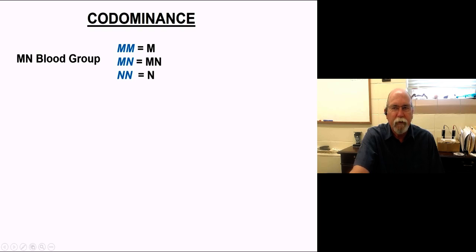So if I see someone who's blood type M, I know they're homozygous M. If I see someone who's got blood type N, I know that they're homozygous N. And of course, the hets are MN. So again, these are nice, perfect codominant expressions. Both antigen antibody reactions for M and N occur in a codominant setting because both alleles are producing the protein products. Again, genotypes are going to equal the phenotypes.